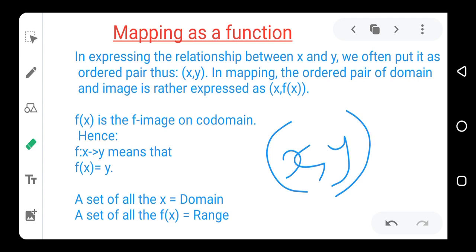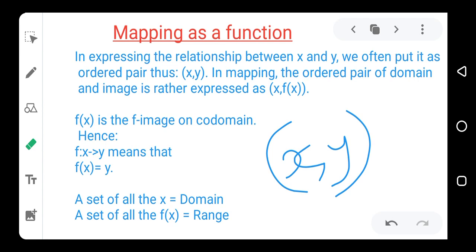Now that means that in creating a pair of x and y in mapping, we are not always concerned with all the elements of the codomain, but only the elements that have associated values in the domain. And the elements in the codomain that have associated values in the domain are the images. So we always talk about the images and the elements in the domain.